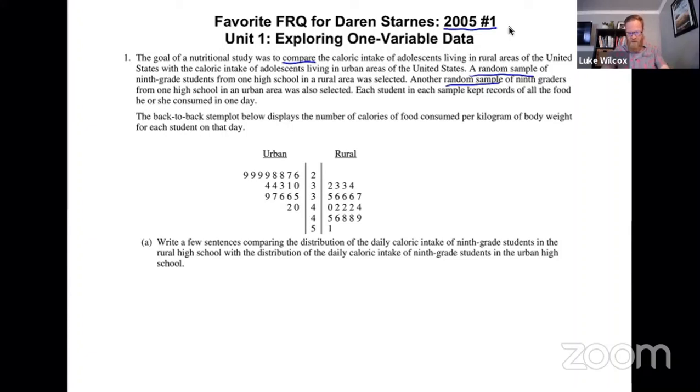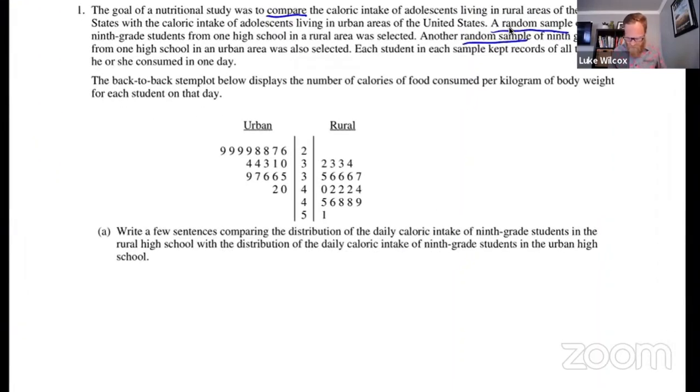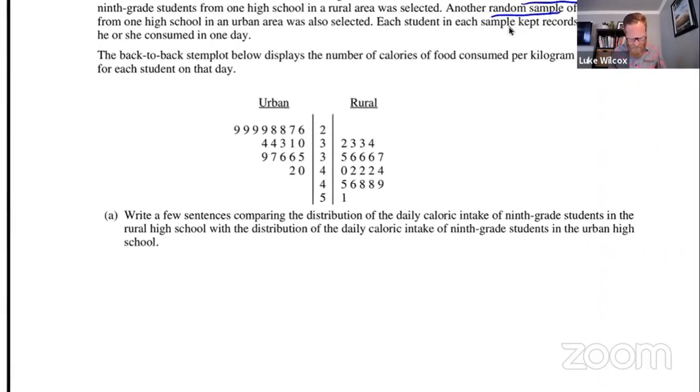Each student in each sample kept records of all the food he or she consumed in one day. The back-to-back stem plot below displays the number of calories of food consumed per kilogram of body weight for each student. Okay, so we've got this back-to-back stem plot here. And just to make sure we know what the stem plot represents, if we look at, say, this 3 and this 7, I'm going to give you a little bit of a key here.